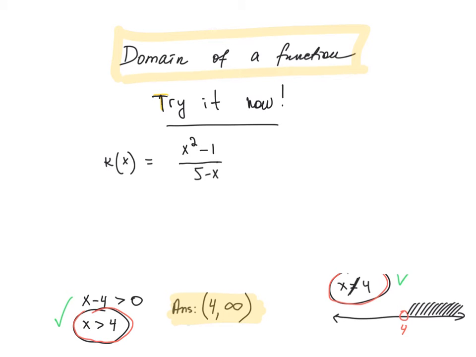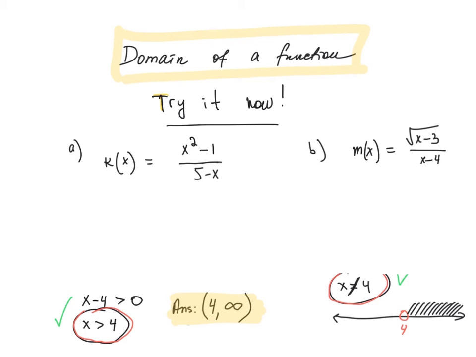That would be question A. And question B, let's call it m of x equals the square root of x minus 3 over x minus 4. Let's see if you can figure it out.